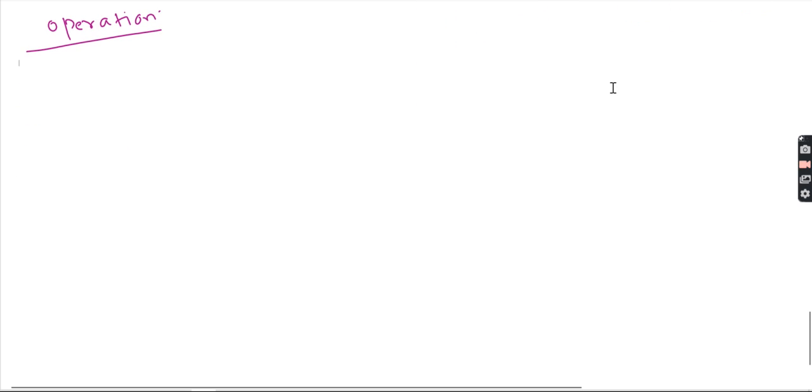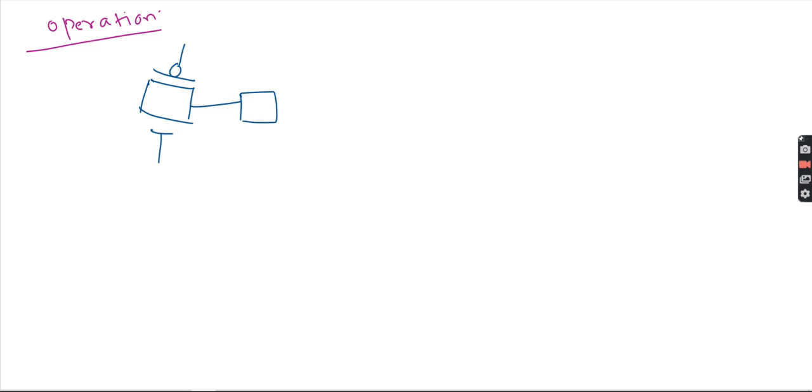Let me draw the diagram first. First, a transmission gate. Next, one more transmission gate.